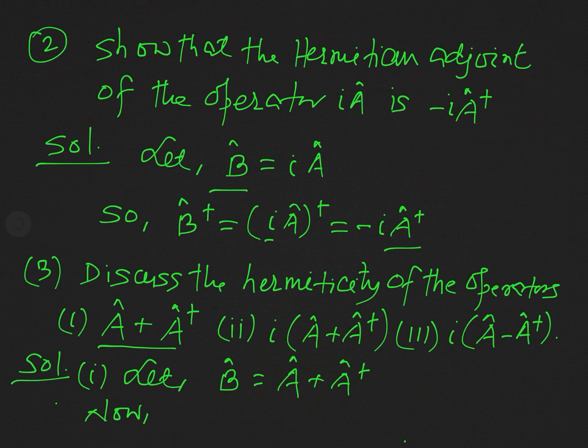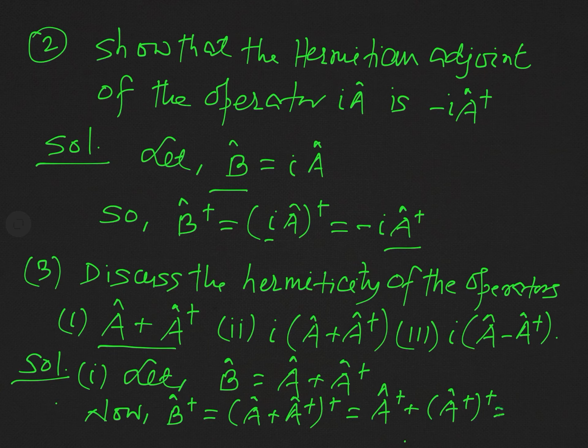Now we will find the Hermitian adjoint of B hat. This will be equal to what? This will be A hat plus A hat dagger, all daggered. Now we know from the property of the Hermitian adjoint, this will be A hat dagger plus A hat dagger dagger. And what will this be?